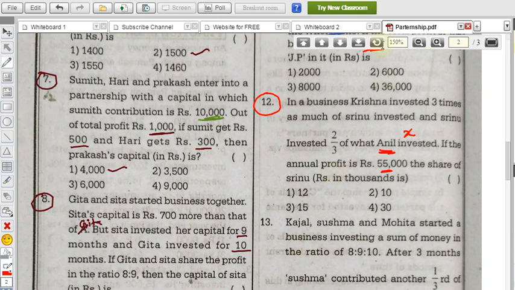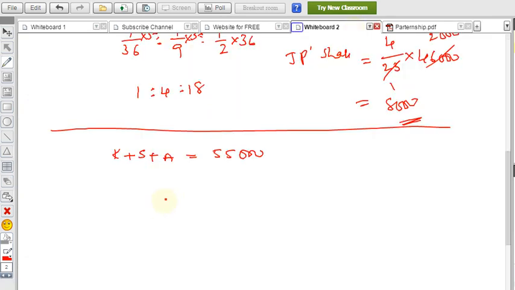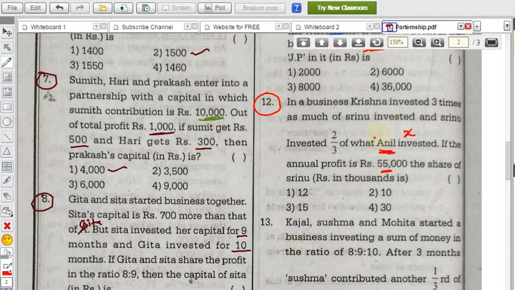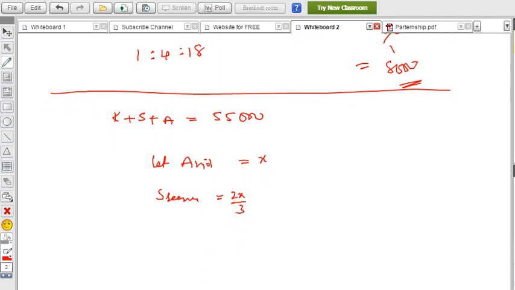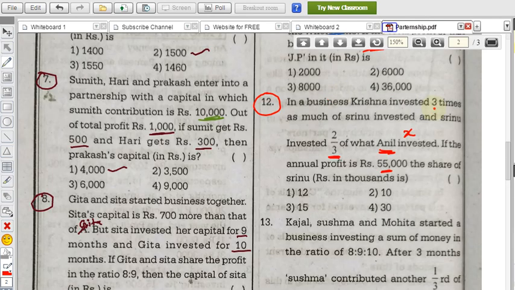So Anil's investment, I am taking X. Let Anil's investment be X. Then Srinu will become how much? 2/3 of what Anil has, so 2x by 3, 2/3 of X. Then Krishna is 3 times Srinu, so 3 into Srinu's amount.